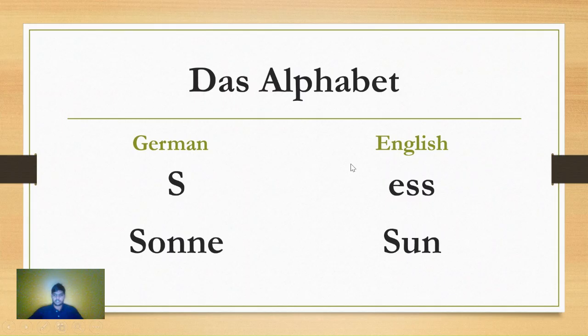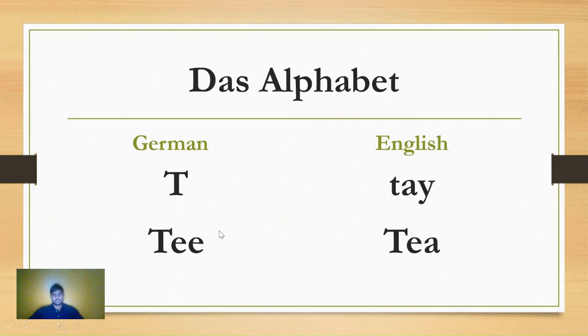S, it sounds s, but in German it sounds z, zone, but in English it is sun. T, in English it is called T. T in German is T.